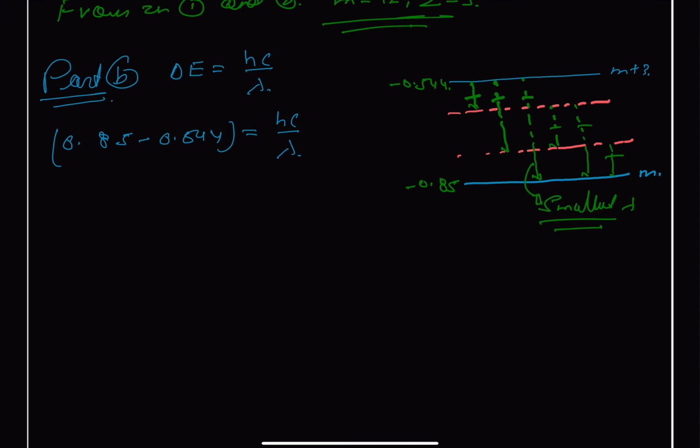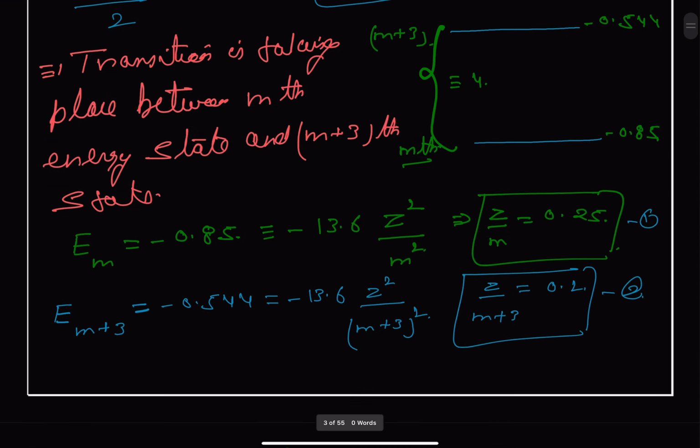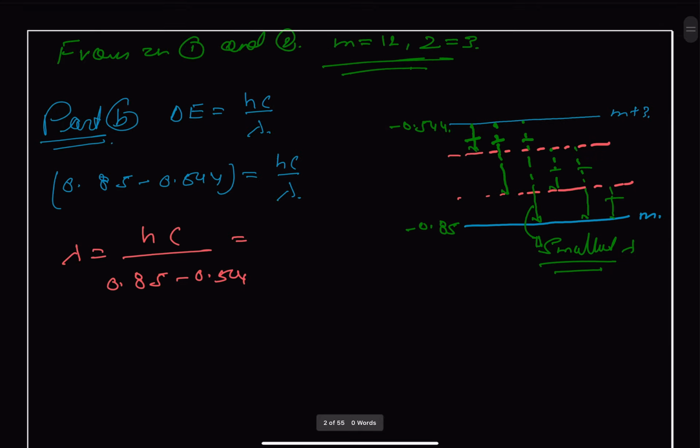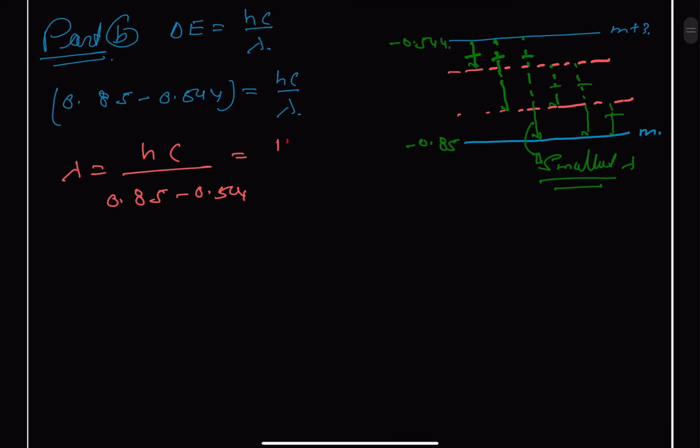We already know hc in terms of electron volt is 1240. So we get 1240 divided by 0.85 minus 0.544.